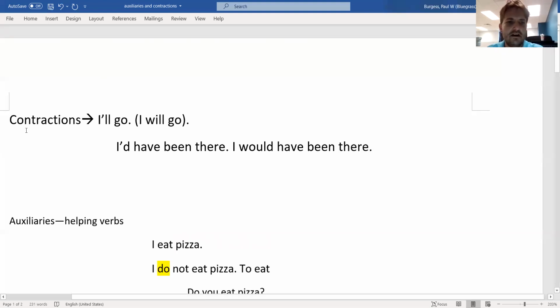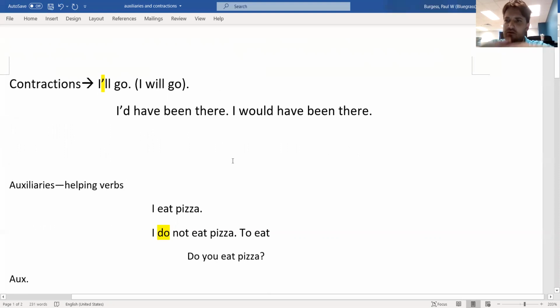Okay, so really, this is contracted in writing, in casual writing, to make it easier to write, but in conversation, this normally does sound like I'll go, even when we write the word completely out, I plus the full word will.